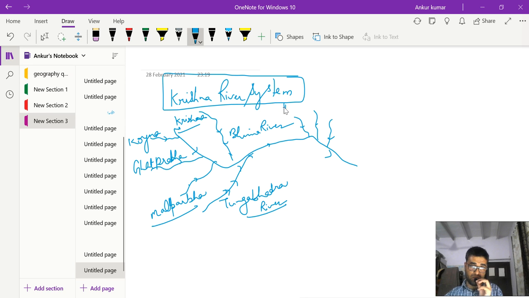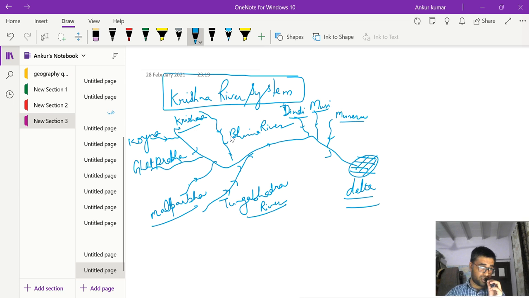This is the Dindi River, this is Musi, and this is Muneru. After that it also enters into the Bay of Bengal, forming the delta. So this is the Krishna River and its tributary system.